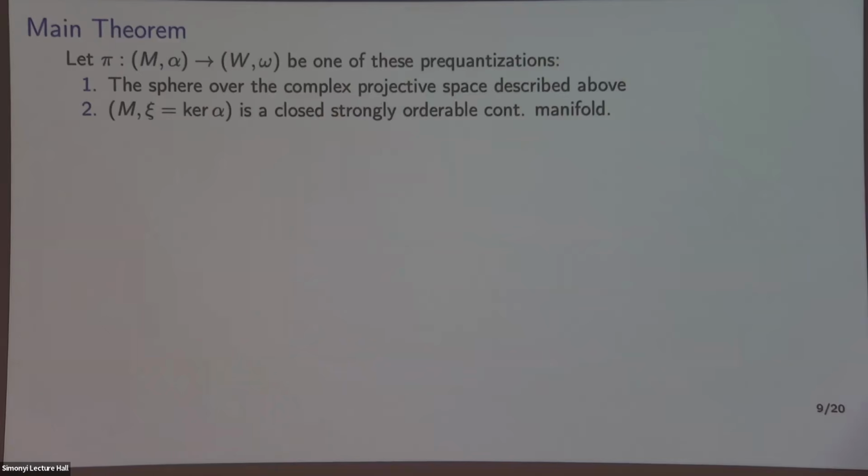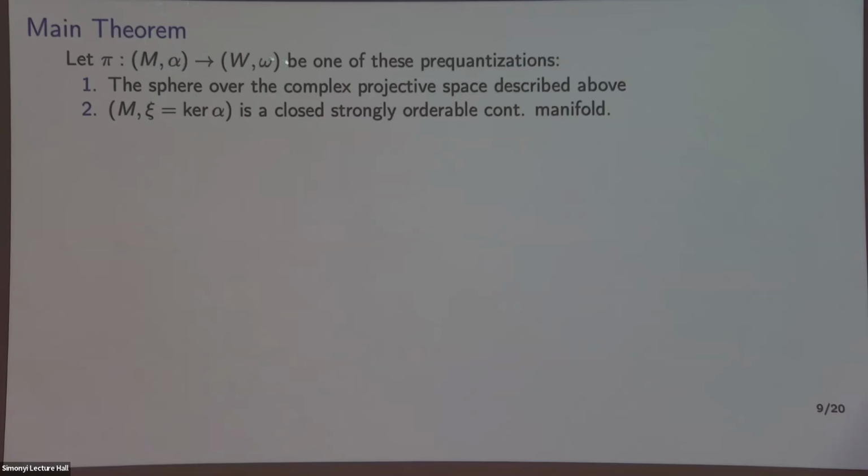So before stating the main theorem, I just recall a bit the context. I will work with a prequantization bundle. So M is an S1 principal bundle over W with a connection one form alpha such that the kernel of alpha is a contact distribution.